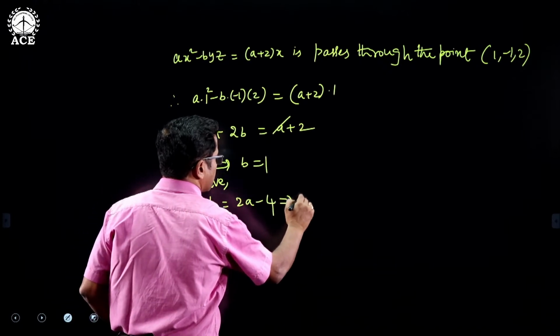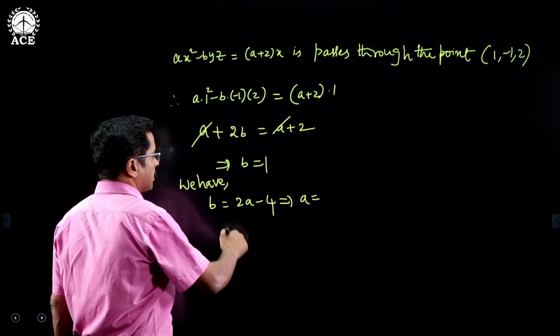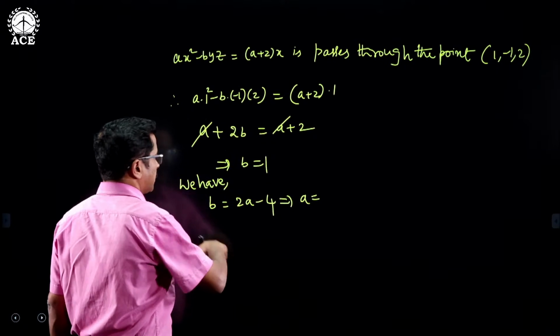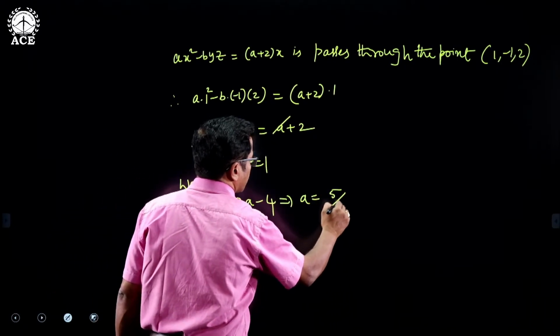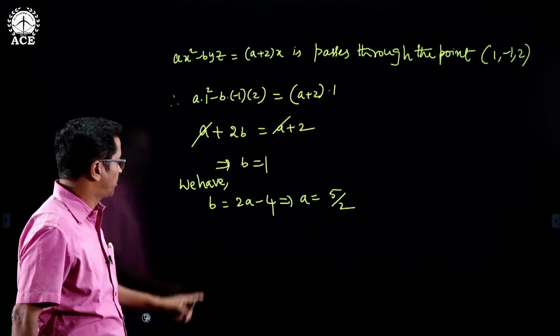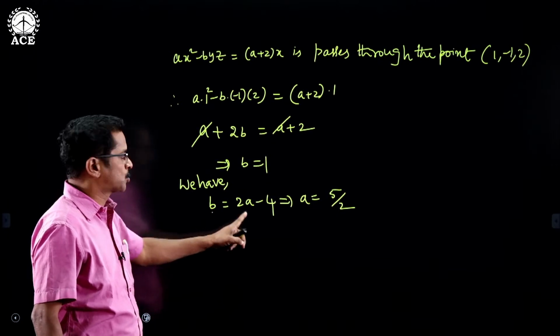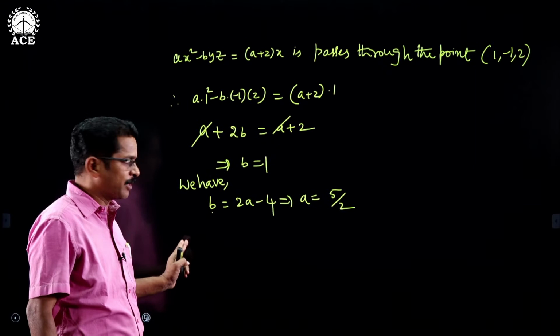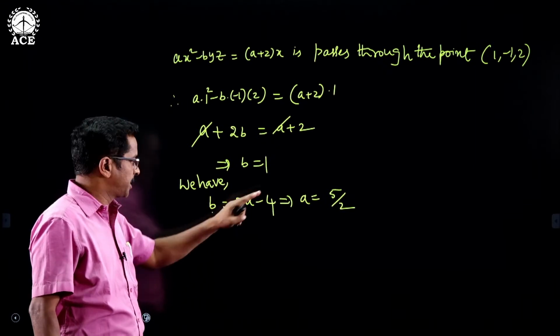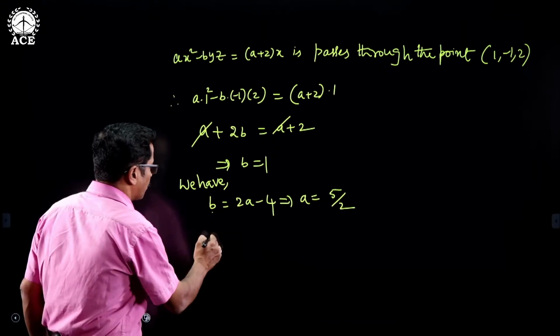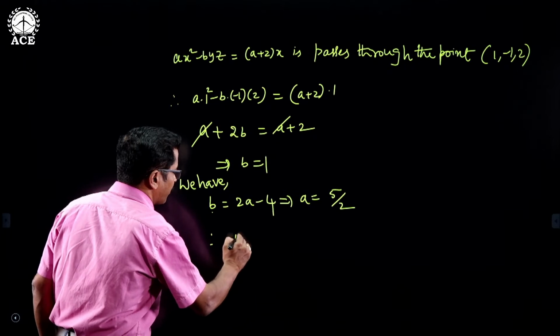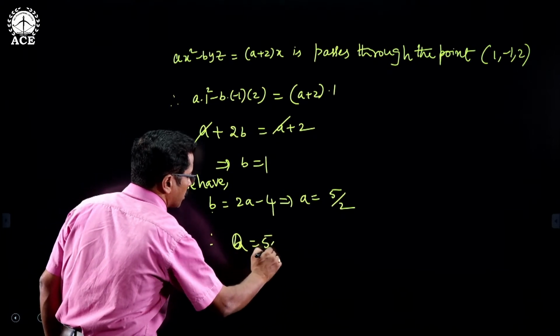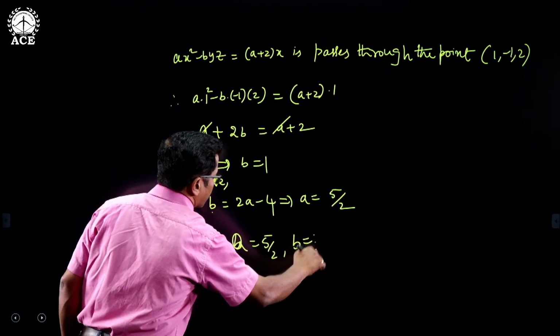From this, what do you get? a equals 5 by 2. If I put b equal to 1, 1 equals 2a minus 4, bring minus 4 this side, 1 plus 4 is 5, 2a is equal to 5, then a is equal to 5 by 2. So therefore the a value is 5 by 2 and the b value is 1.